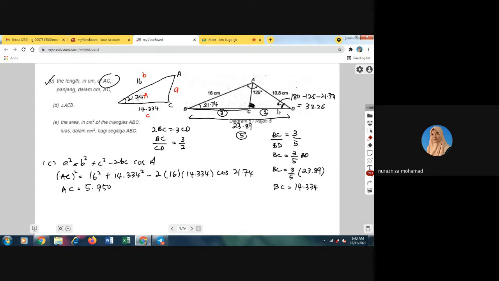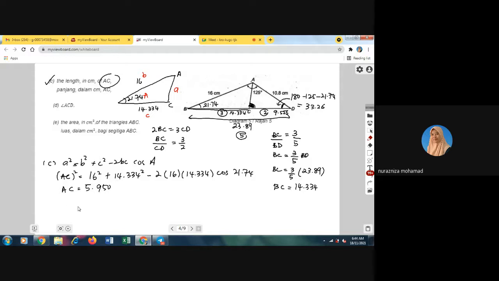The length of CD, we take 23.89 minus 14.334. So here, the length of CD is 9.556. Now you have three pieces of information in this triangle, enough to get the angle ACD.